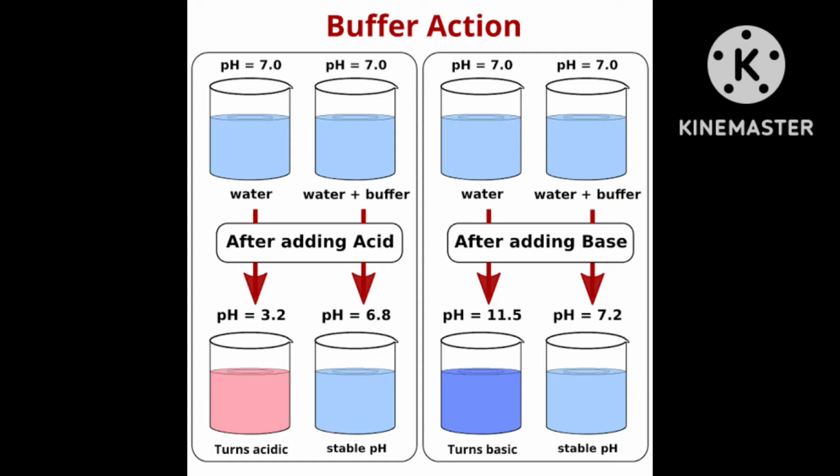All bases are not soluble in water, that's why all bases are not alkali, but all alkalis are bases. This you understand. This results in an increase of OH ion concentration in solution, making it alkaline. The pH of such a solution is more than 7.